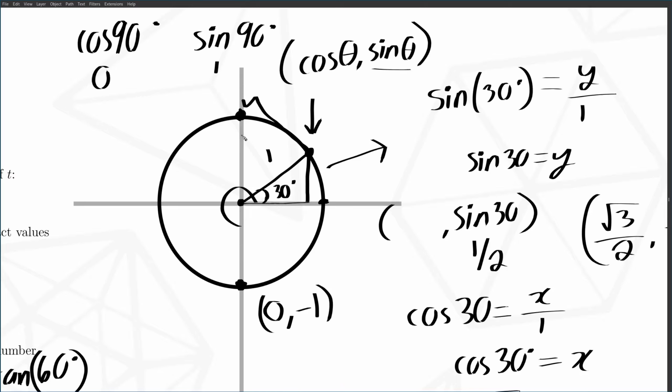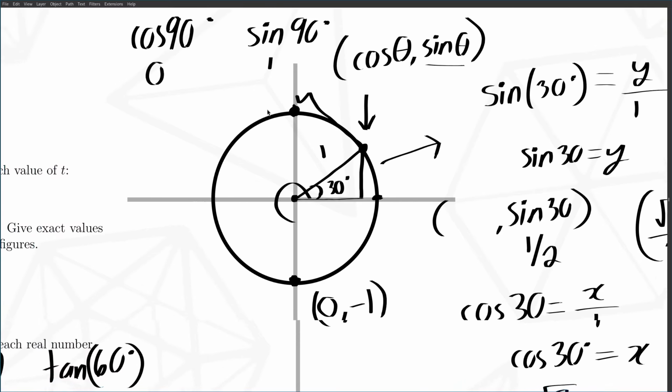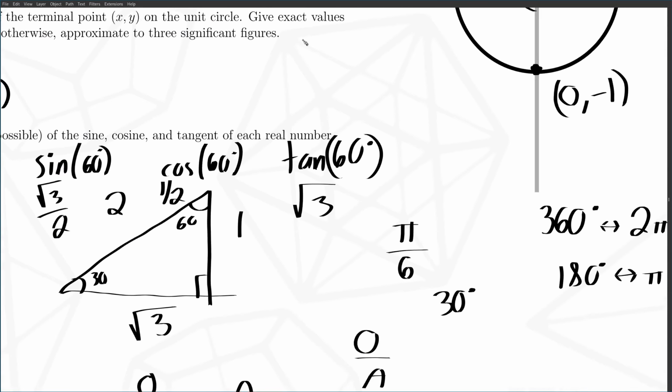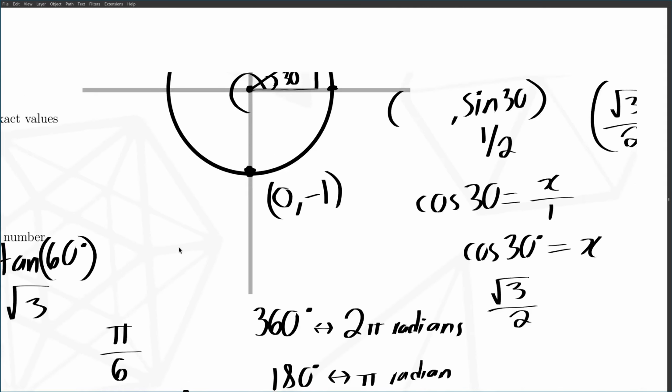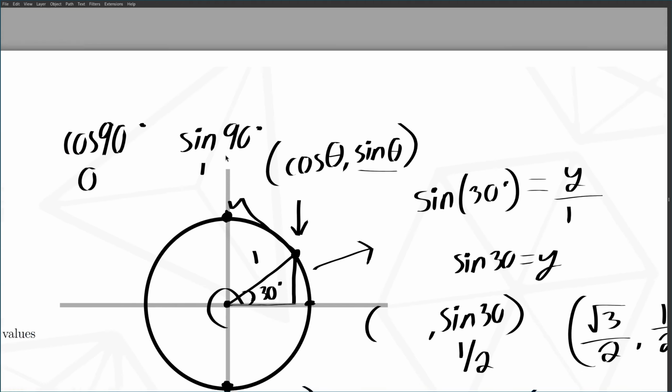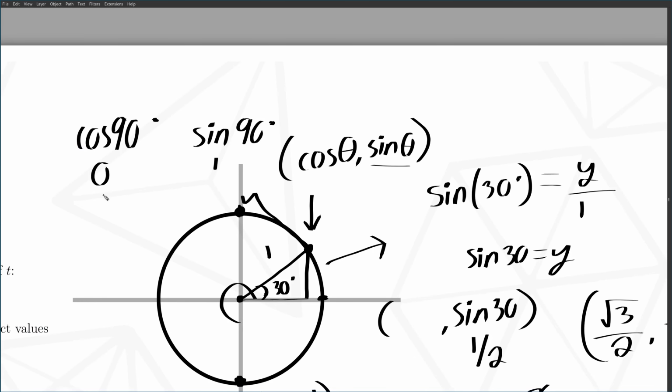Okay, what about the tangent? We can't easily get tangent from here, can we? Well, let's recall the rule we found earlier, that tangent is equal to sine over cosine. Let's try it. 1 over 0 is tangent of 90. Okay, so surely that means that our tangent of 90 is equal to 0, right?